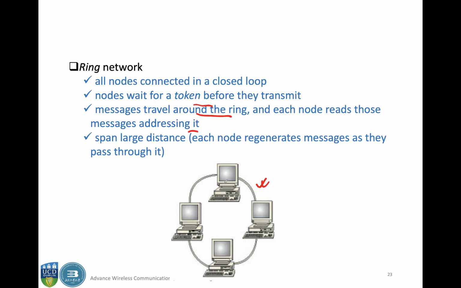If you want to know more about what a token is and how the nodes in the ring network wait for a token before they transmit, I would suggest you read the textbook that I mentioned by William Stallings. You will find more details there. I leave it to you for reading in the book that you have.